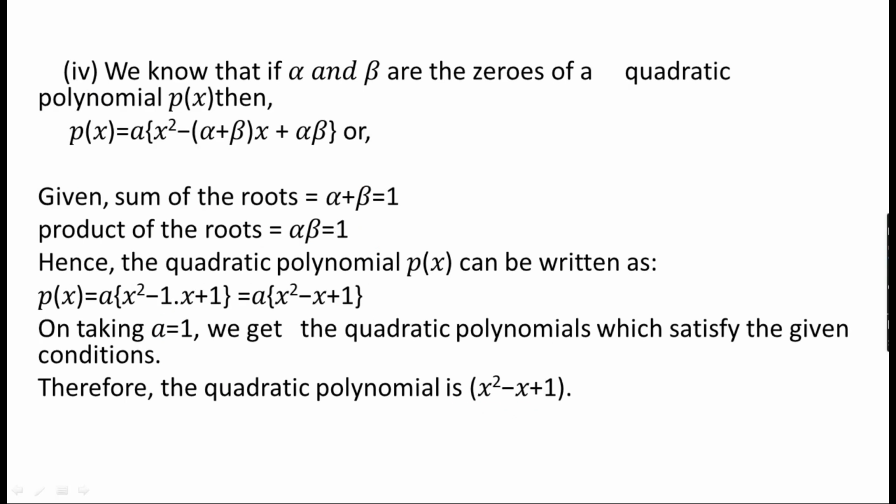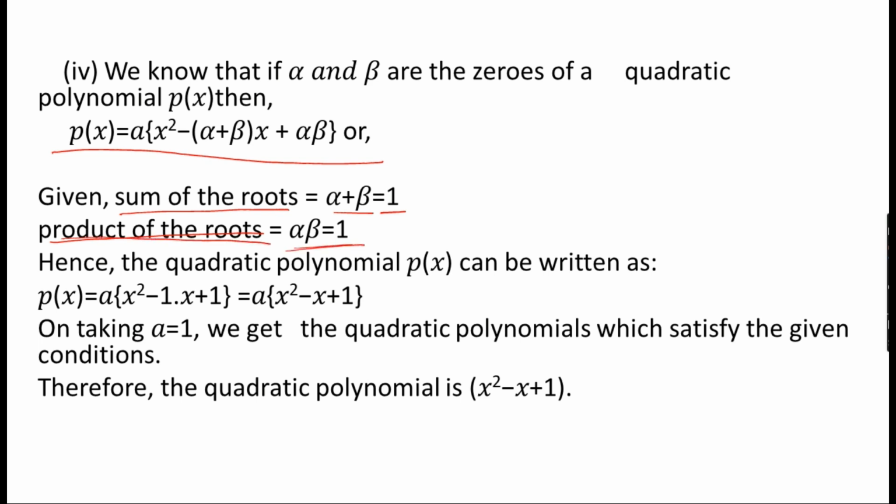We know that if alpha and beta are the zeros of the quadratic polynomial, then the general quadratic polynomial is like this. The sum of the zeros, alpha plus beta, is 1, and the product of the roots, alpha beta, is 1.